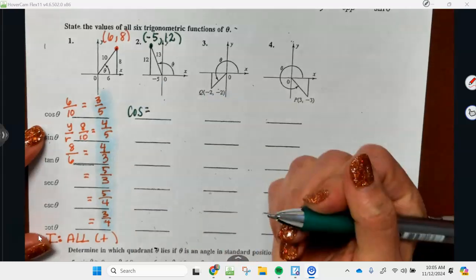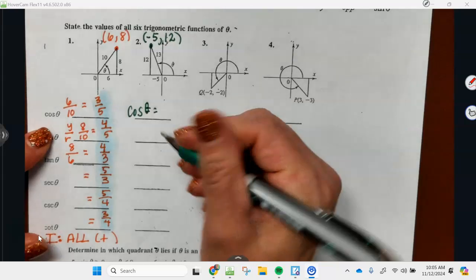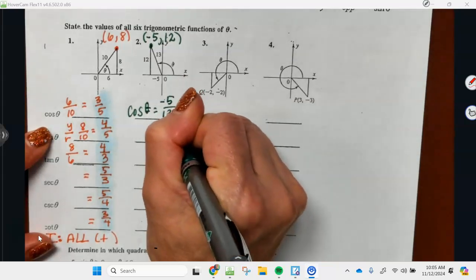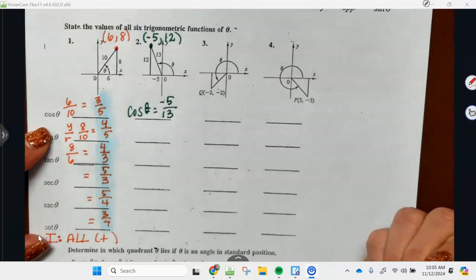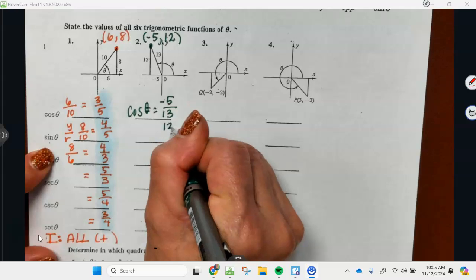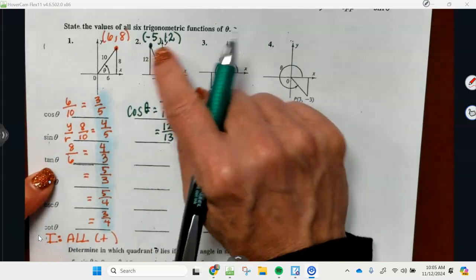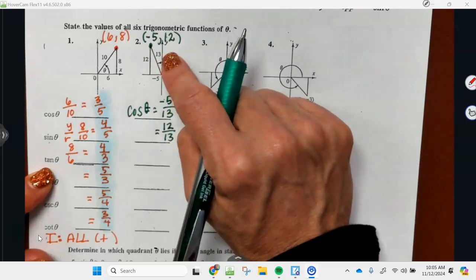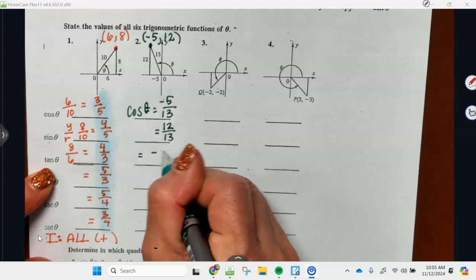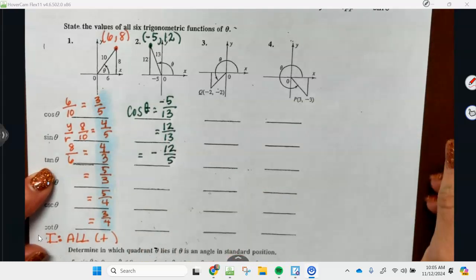Cosine is going to be negative, guys. Cosine theta is going to be -5 over 13. Sine theta is going to be 12 over 13. And tangent is going to be the division of these two. 12 over -5, y'all, is going to be -12/5.